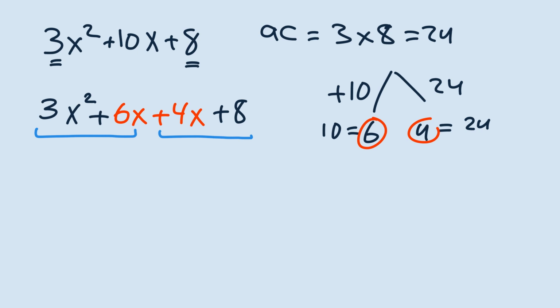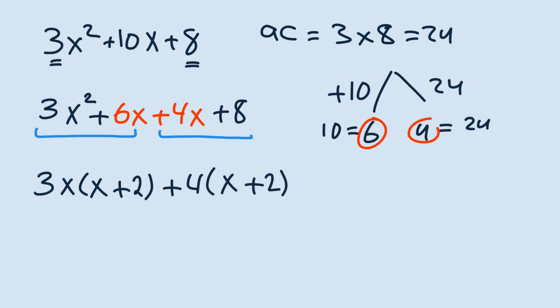So the GCF in the first group is 3x, and we have x plus 2 remaining, plus in the second group we have 4 as a GCF, and we have here x plus 2 remaining. As you can see here, we have two equal parentheses. It means we are on the correct path.